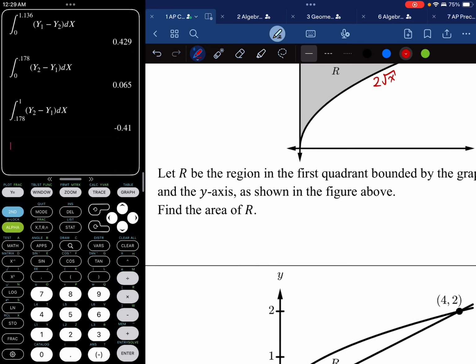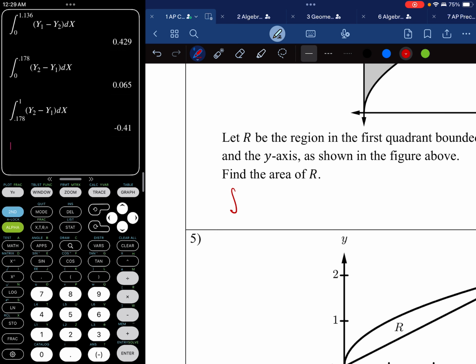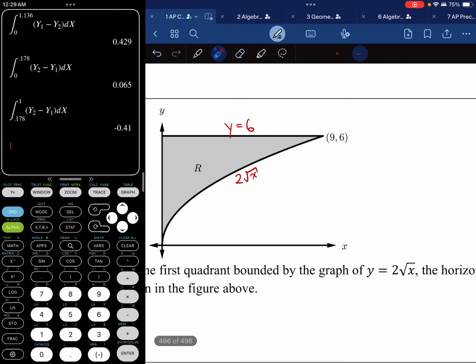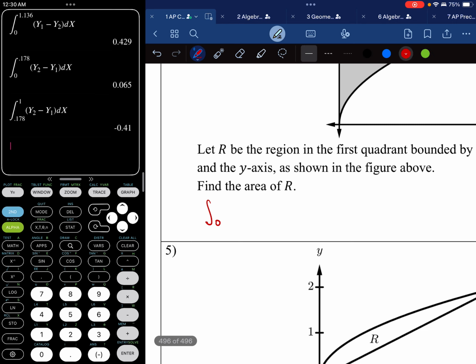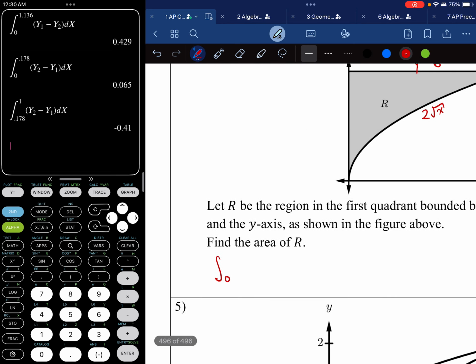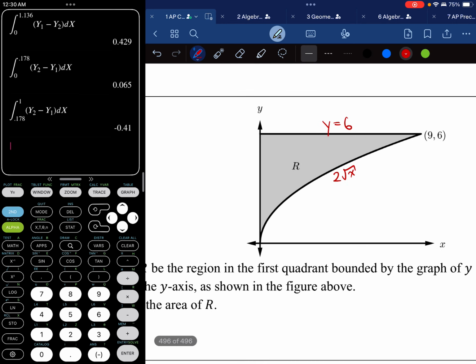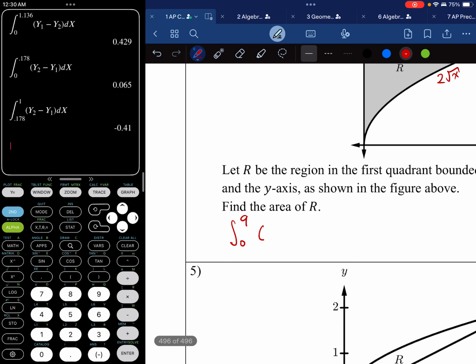It is straightforward. The bound is going to be between 0 and, what was it, 9 or 6? It's always the x-coordinate, so these x-coordinates give you the bounds: 0 to 9. The top function in this case is 6, minus the bottom, which is 2 square root of x, all of that dx.